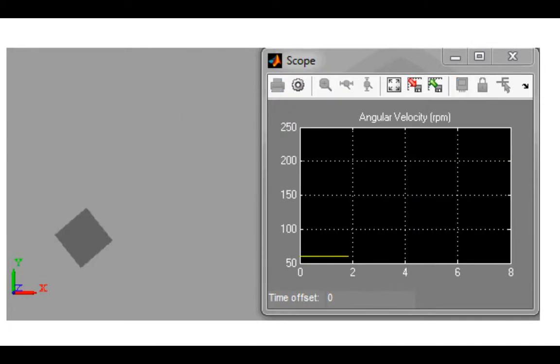An internal force to the system is applied, meaning that the radius of rotation decreases. When the radius of rotation decreases, we see that the system meets a new constant angular velocity that has a larger magnitude than the initial value. For this simulation, we're going from 50 revolutions per minute to 200 revolutions per minute.